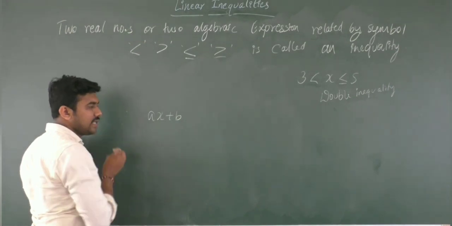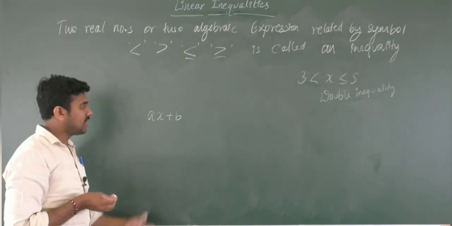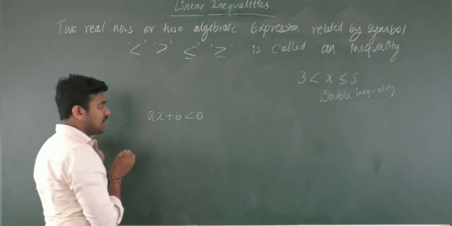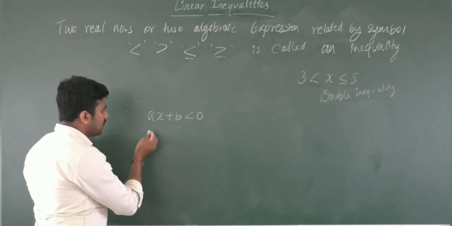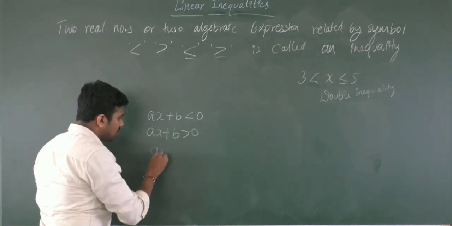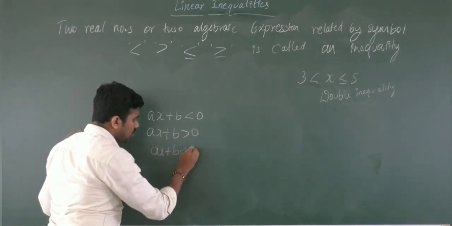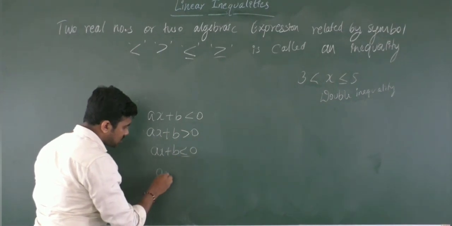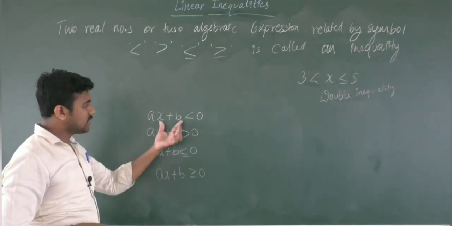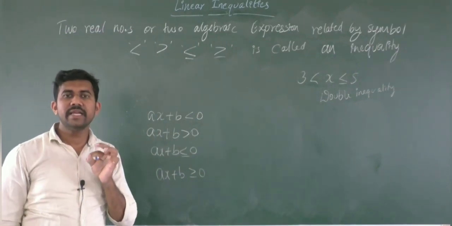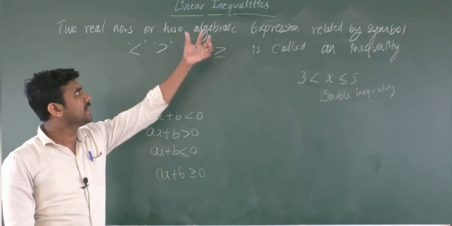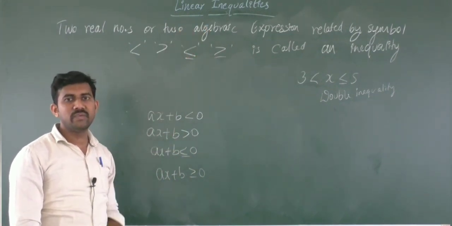If it is related with the symbol less than, greater than, less than or equal to, or greater than or equal to, then it is a linear inequation in one variable, or linear inequalities in one variable.